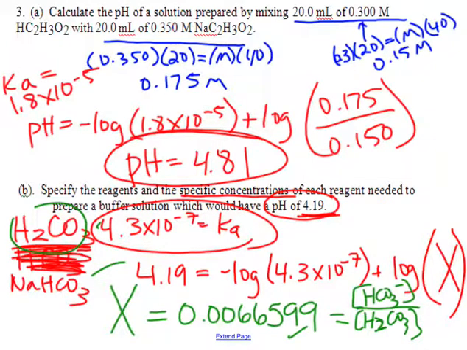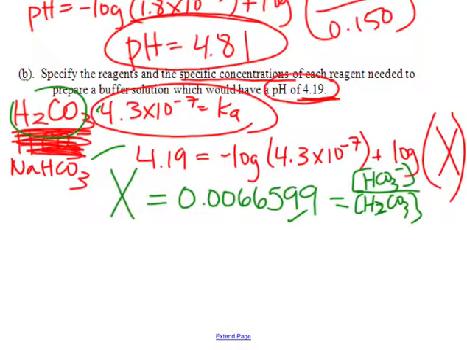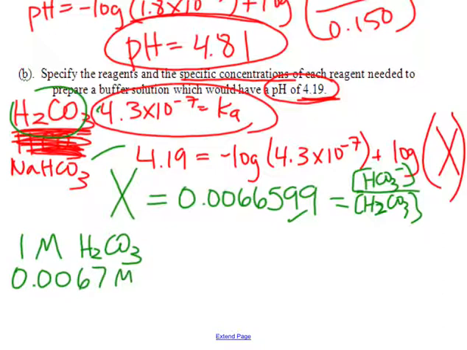So these numbers are definitely more doable than what they did last period. What concentrations would we use? One on the bottom. So we'd make a solution where we'd end up with 1 molar H2CO3 and 0.0067 molar.